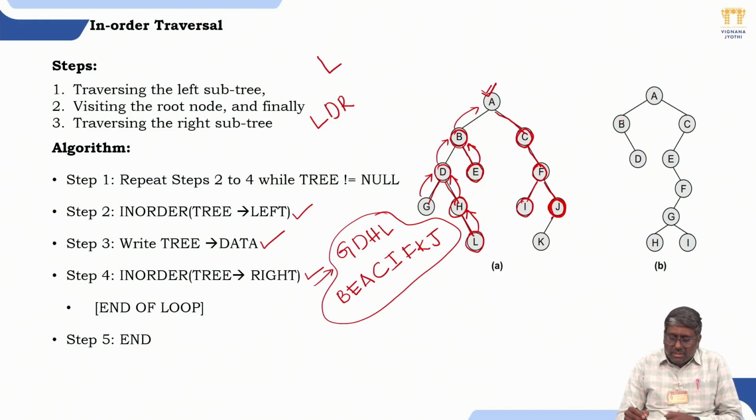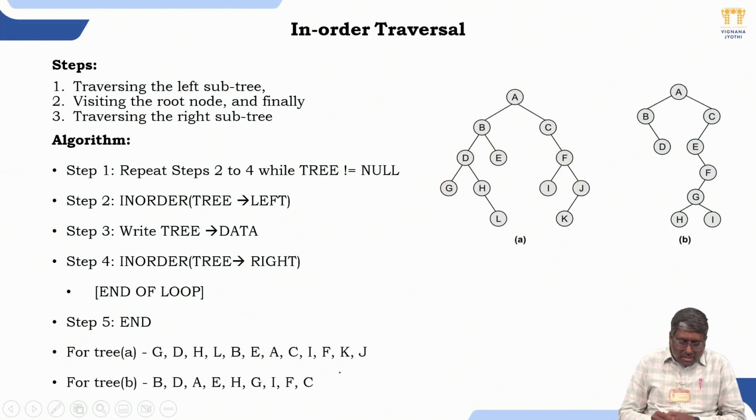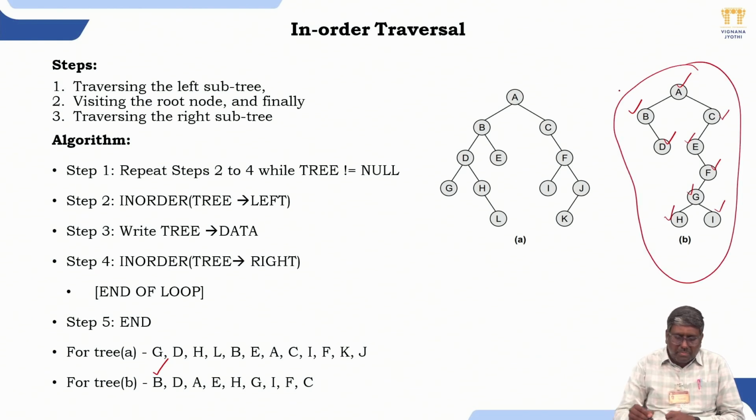So for this tree, we get first to visit the D B. Okay, then after that D, then after that A, then after that E. Then after E we can visit this H, then G, I, F and C. So this is the given in order traversal for the given tree B.